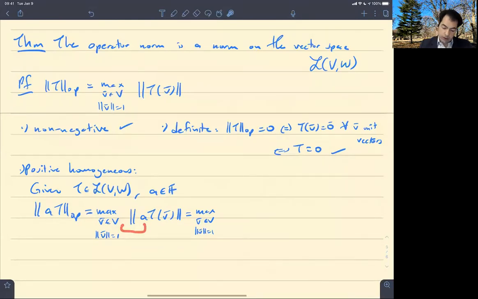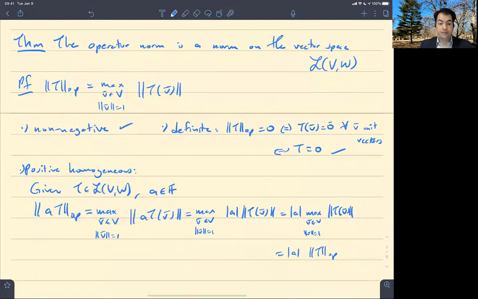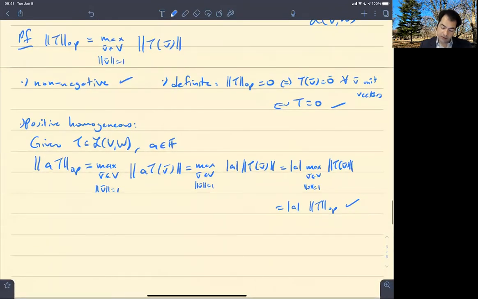So I can pull the a out in modulus. Okay, and now if you're looking at the maximum of a times a bunch of numbers, that's the same as a times the maximum of those numbers, because everybody inside is non-negative. So I can write this as modulus of a times the maximum among all unit vectors of the norm of T of V. But of course, that's just modulus of a times the operator norm of T. Great. So that's positive homogeneous. And so the only thing left to check is the triangle inequality.